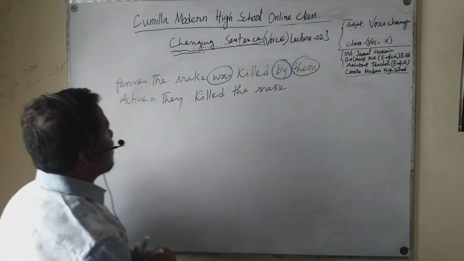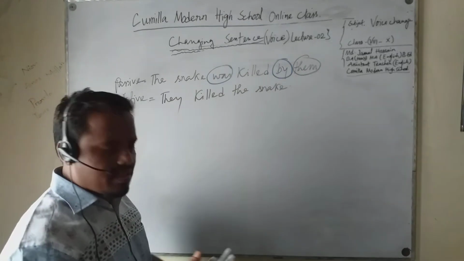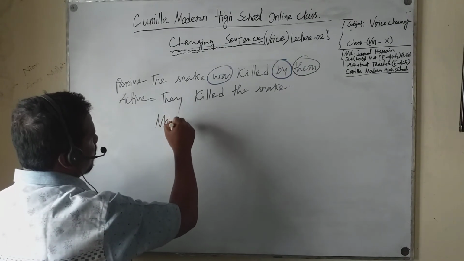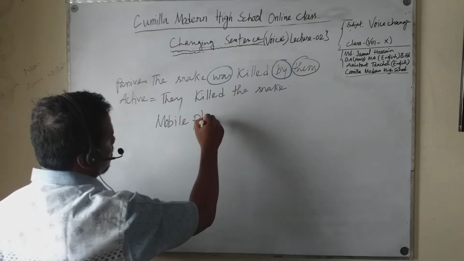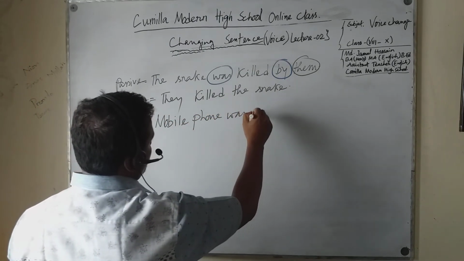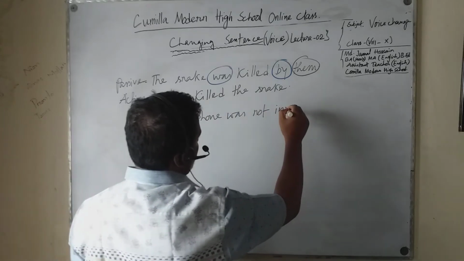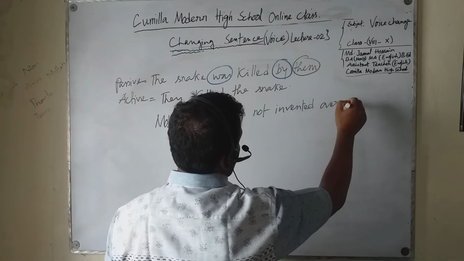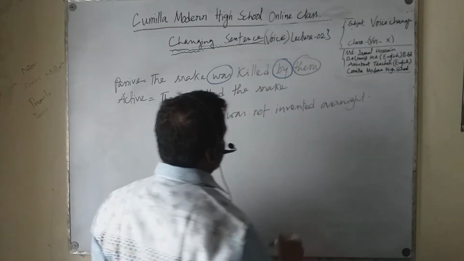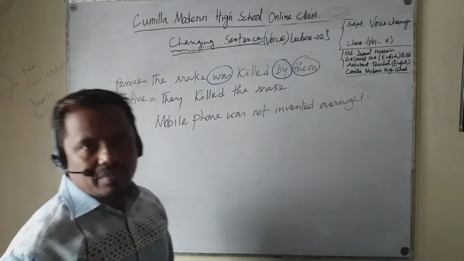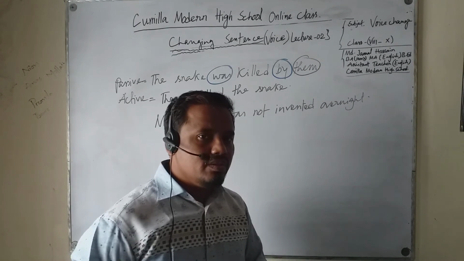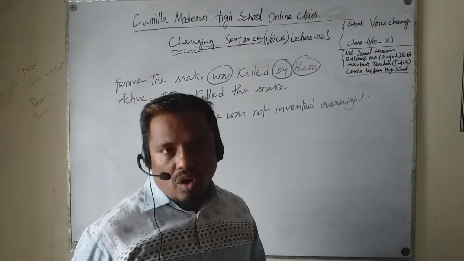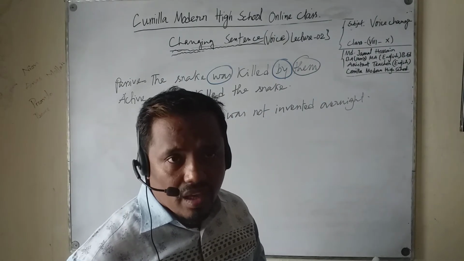Then you will transform it in that sentence that you are determined. Okay. Now, if you are given a negative sentence like mobile phone was not invented overnight. The object of the sentence is missing here, and you all know who has invented the mobile phone, the inventors or the scientist, you can say.